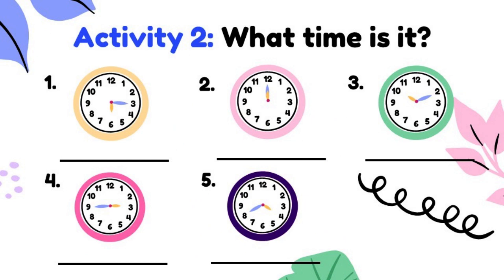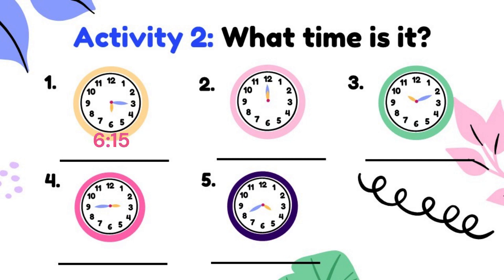What time is it? Look closely at the hands of the clock, what hour and minutes are they pointing to. Number 1. The short hand is pointing to 6 and the long hand is pointing to 3. For minutes, 3 is 15. So, if your answer is 6:15, that is correct. Number 2.